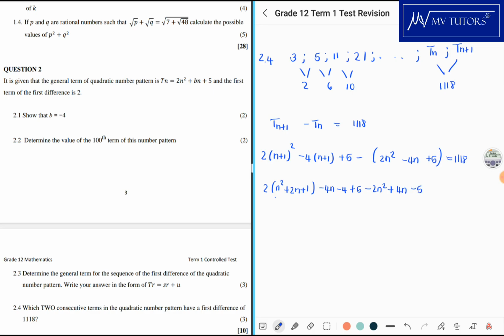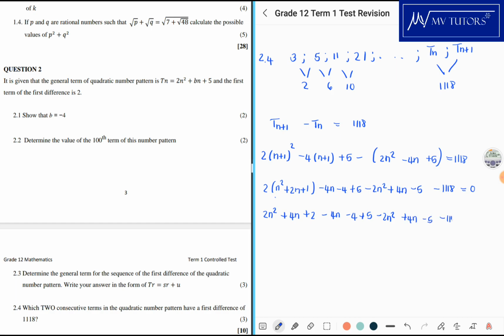I'm going to bring the 1118 to the left hand side. So we have 2n squared plus 4n plus 2. I'm going to leave everything for now so that I can cancel ones.